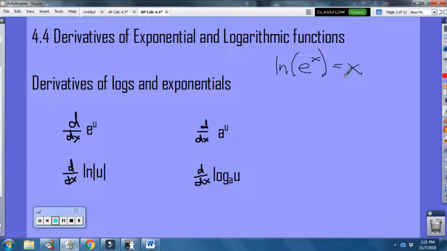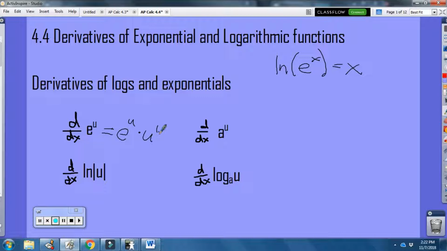So those formulas: the derivative of e to the x is just e to the x. If I'm going to write that with u substitution, the derivative of e to the u is e to the u times u prime. That's only for e to the x. e to the x is a special number that has the exact same slope as itself.